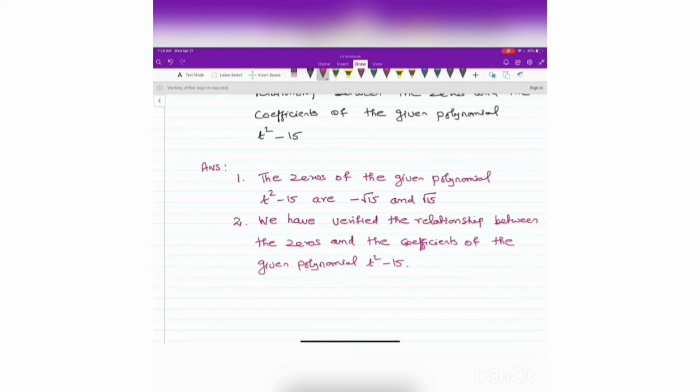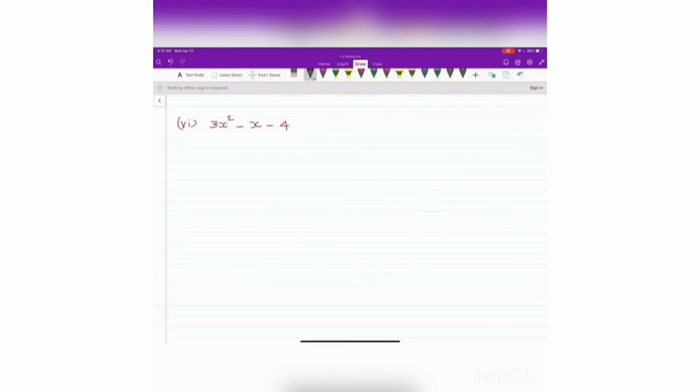Now we will move on to subdivision 6. Sixth subdivision. The given polynomial is 3x square minus x minus 4. Let's do this now. Solution. Since the given polynomial is in x, I can write this as, let f of x is equal to 3x square minus x minus 4. Now, I have to factorize this quadratic polynomial by splitting the middle term.